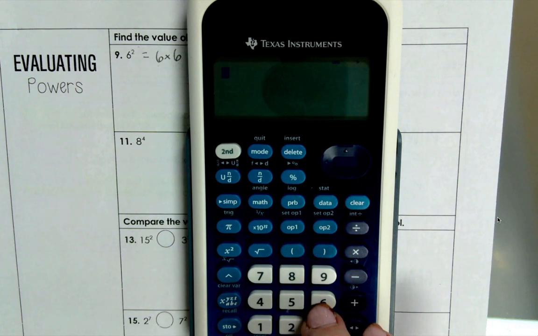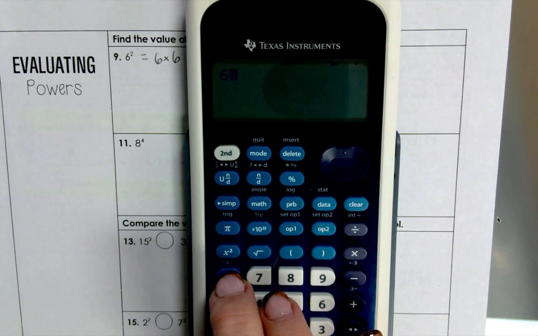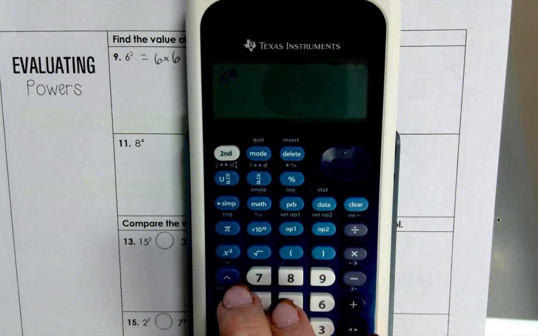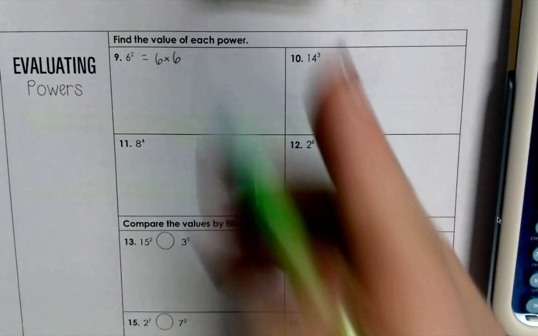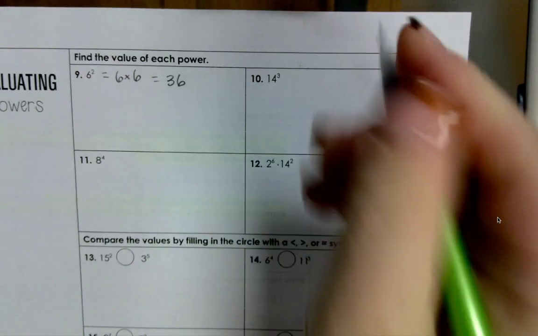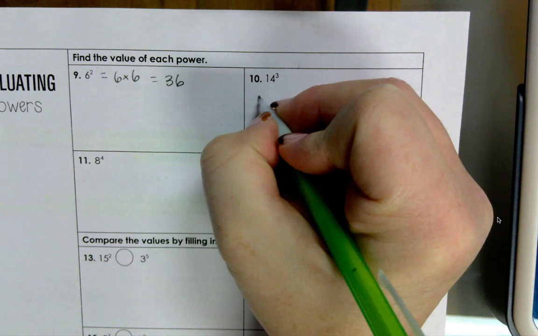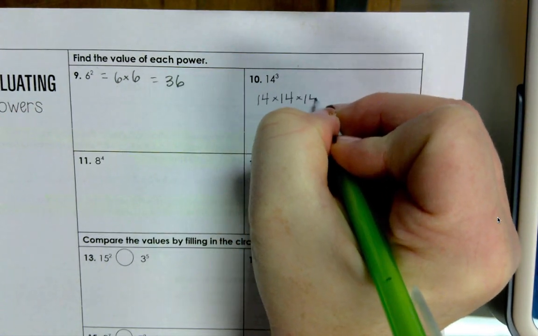Okay. 6, see my little arrow pointing up? That is going to reference an exponential form, to the power of. See that? Pretty. And then put your exponent there and you hit enter and you get 36. That was pretty mind-blowing.